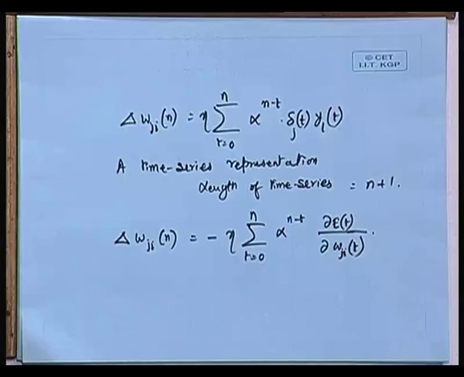Now, we can spend a little bit of time on the convergence aspect of this equation. We are considering alpha to be a positive quantity. We never specified whether alpha is greater than 1 or less than 1.